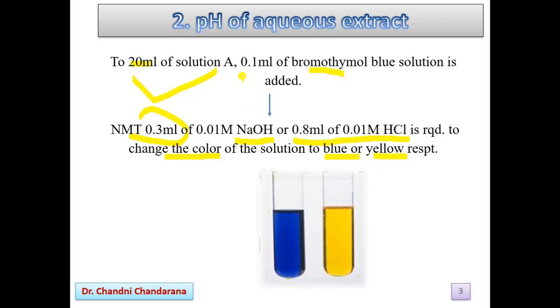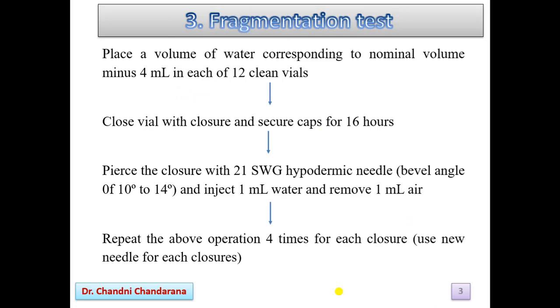Means when we take solution A, we add the bromothymol blue solution. After that, either we add 0.01 molar NaOH, which should give a blue color, or we add 0.01 molar HCl, which should give a yellow color. If we get this color, this test is passed. Our pH is correct.